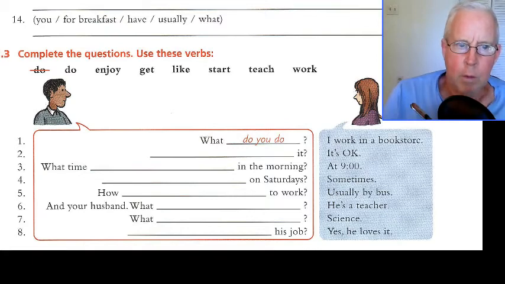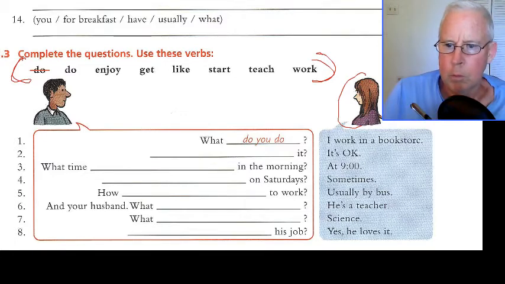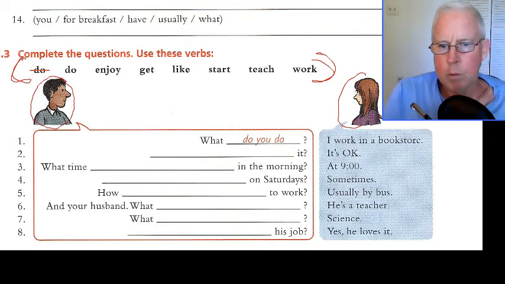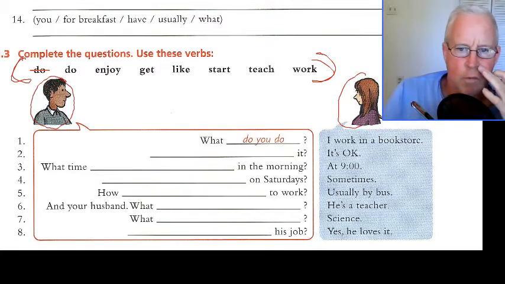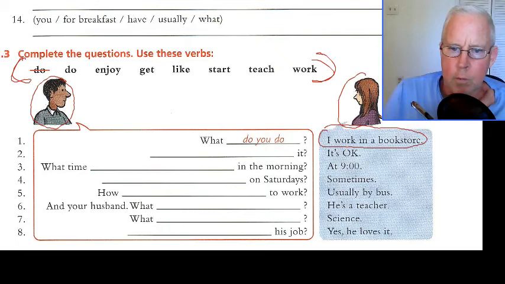So we have these verbs up here. This woman is giving the answer in blue, and this guy is asking a question. So we have to say what he's asking that she is giving this answer. So for example, she says, I work in a bookstore. That's the answer.